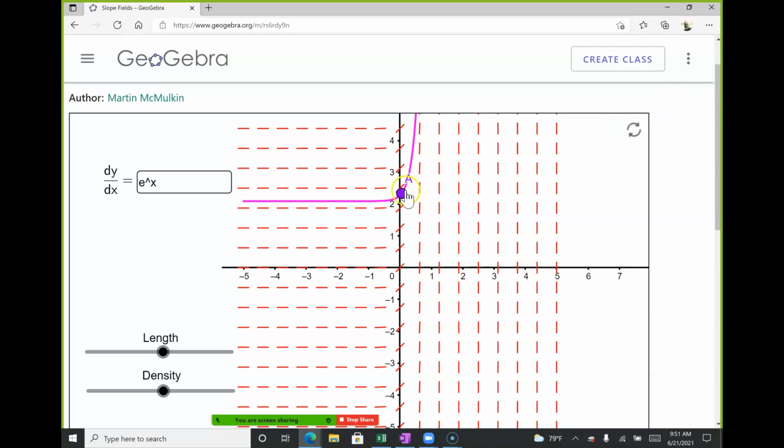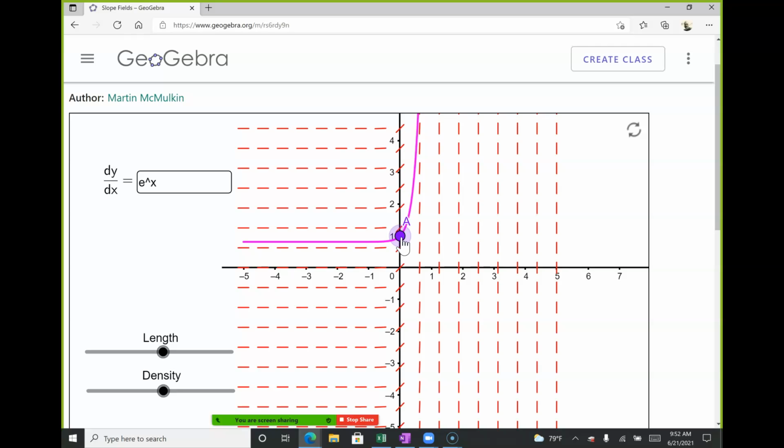And so again, you can see the e to the x curve. If x is 0, e to the 0 is 1. So I put in this initial value of 0, 1, and you can see e to the x. Not that precise, but good enough, okay? Not super precise here.